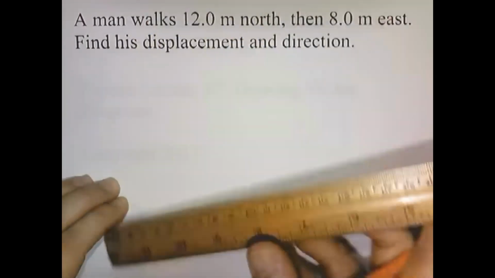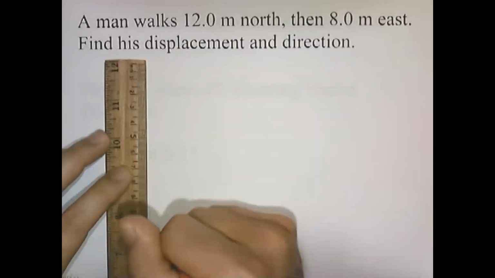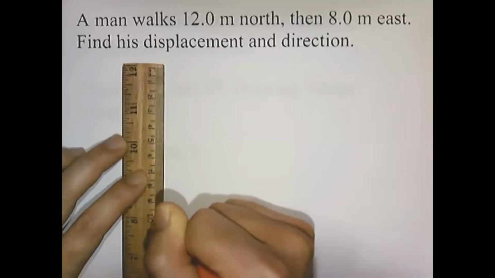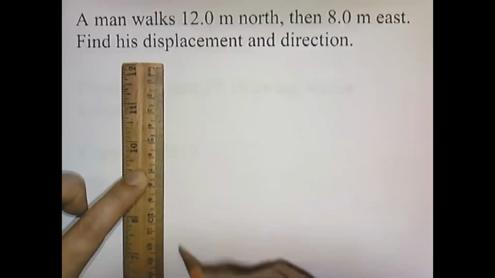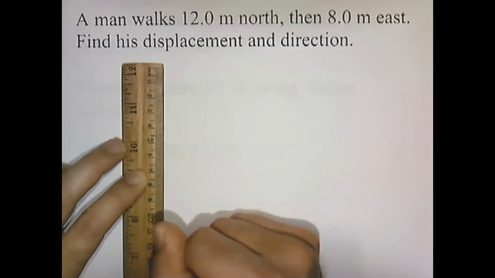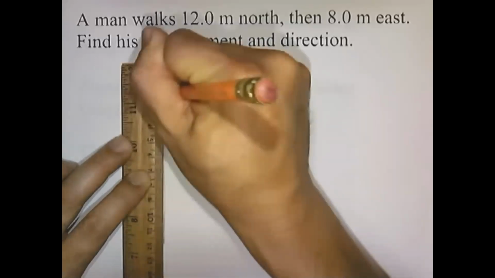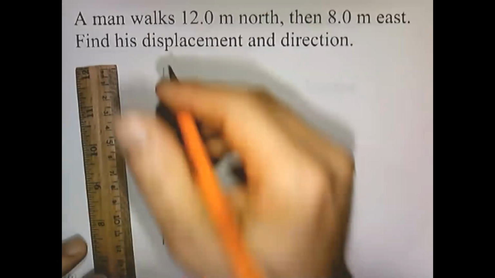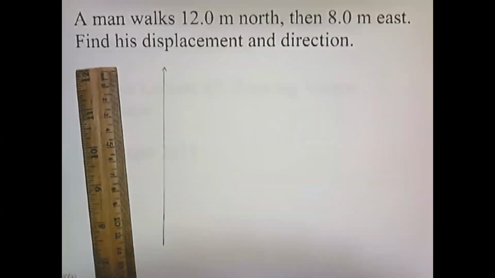All right, 12, there we go. Just do it straight up like that. So that's our first vector. And then we'll ink it in.